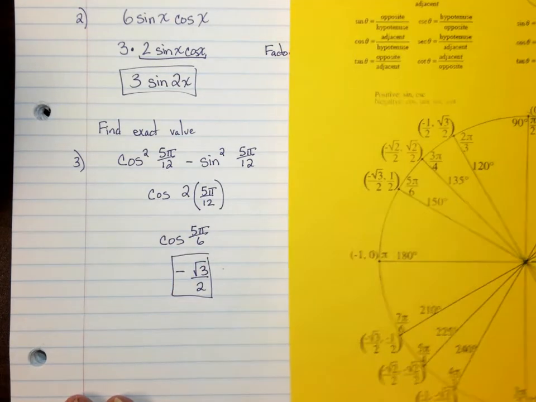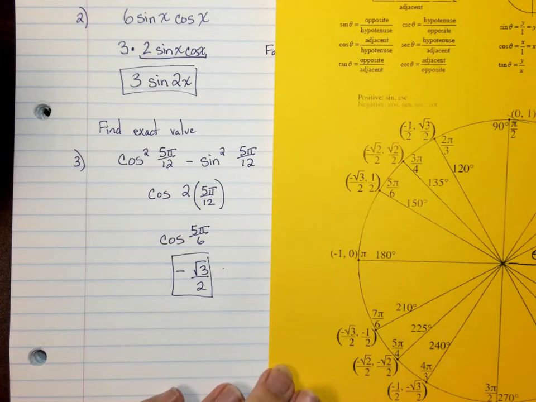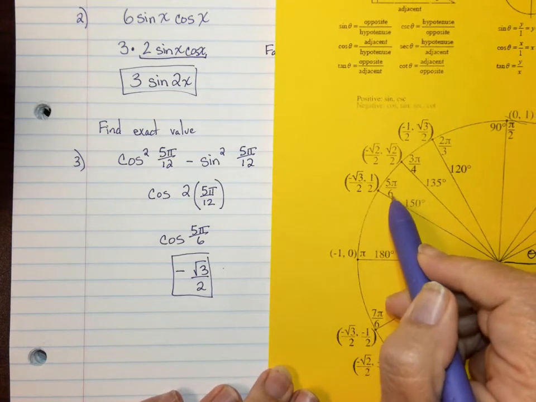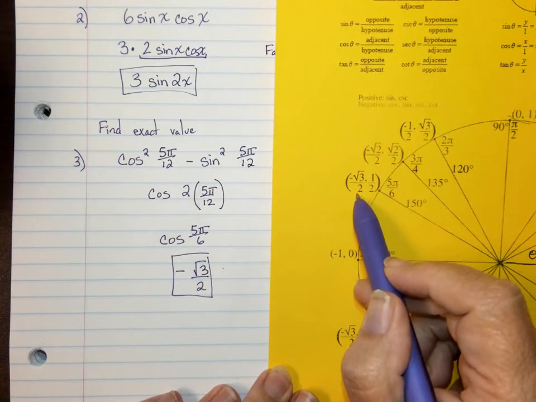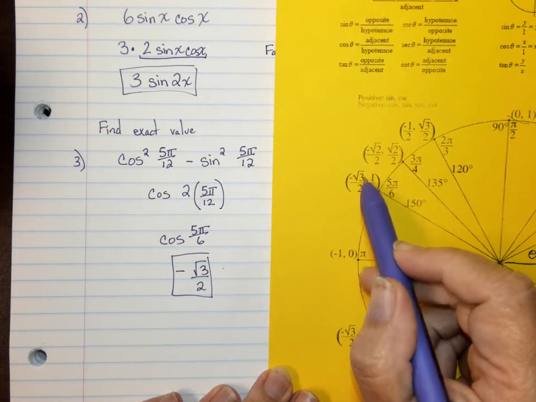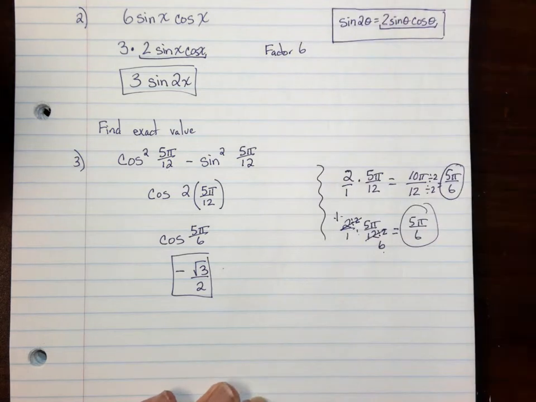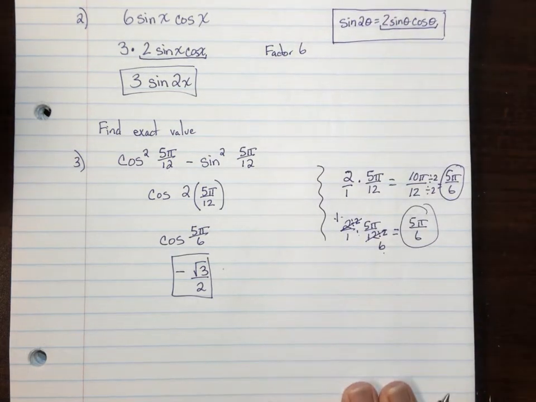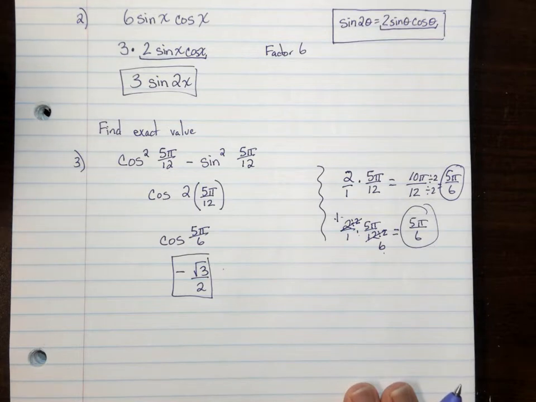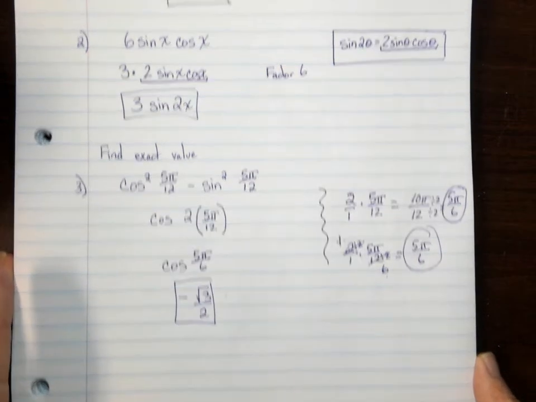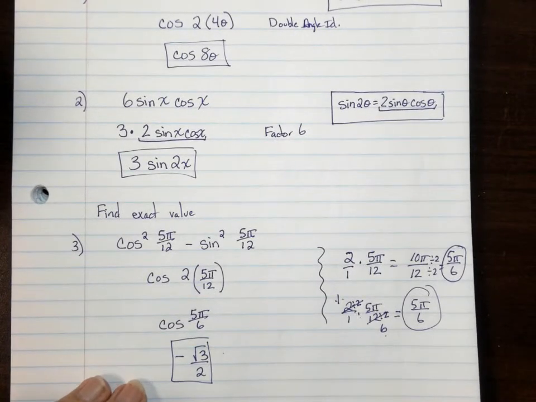And if you have not, you will go to the unit circle, and you will find 5 pi over 6, and you at least know that the cosine is the x value, and there it is, negative square root of 3 over 2. So that is finding the exact value. All right, now we're going to do one that says verify.